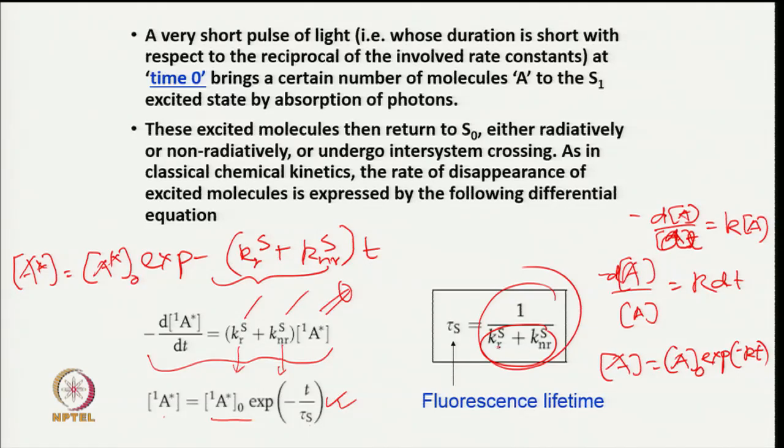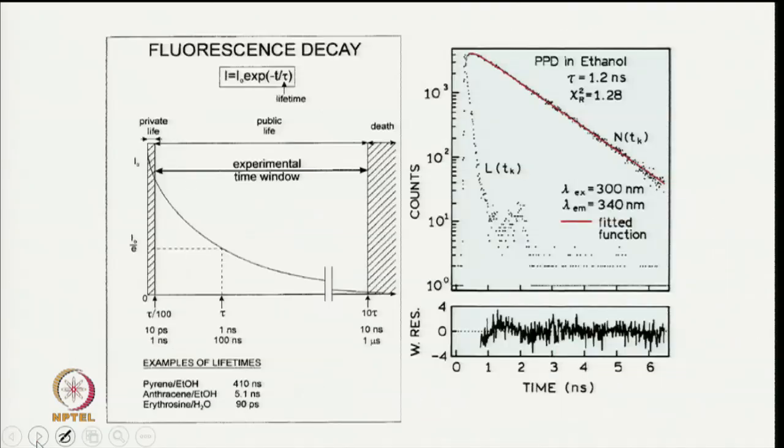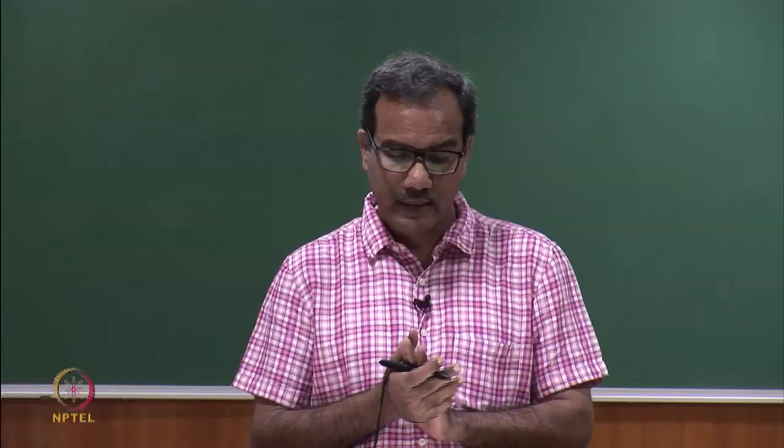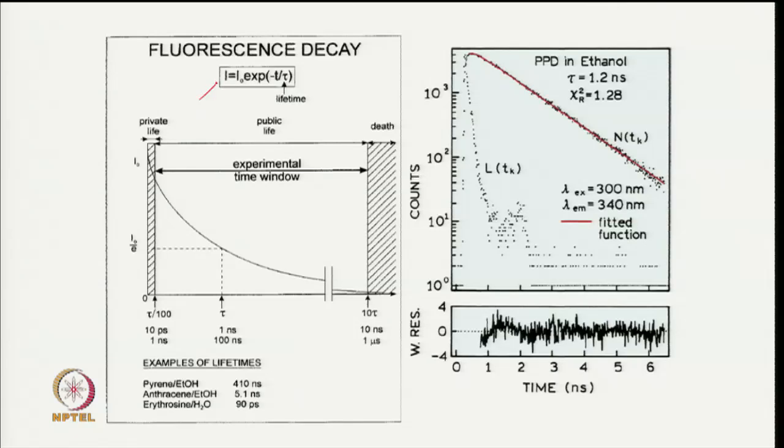Now, since tau is the inverse of a rate constant, it will have the unit of time, and this time is known as the lifetime, which is what we mean by fluorescence lifetime. In this equation, I is the fluorescence intensity at time t, I naught is the initial fluorescence intensity, and this is exponential minus t divided by tau. We expect I to decrease exponentially, and that is what you can see here.